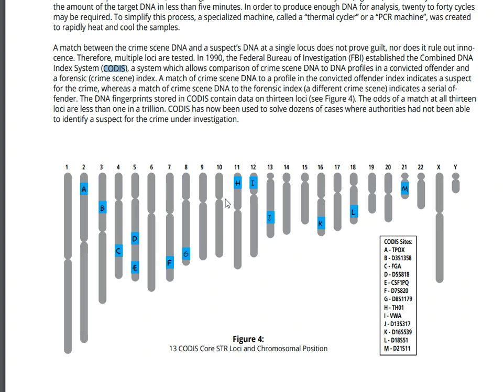Within these chromosomes, we are looking at certain loci. I want you to think of loci as particular locations of the DNA. So think of maybe your DNA strand as like a huge filing cabinet, and that filing cabinet is filled with genetic information.